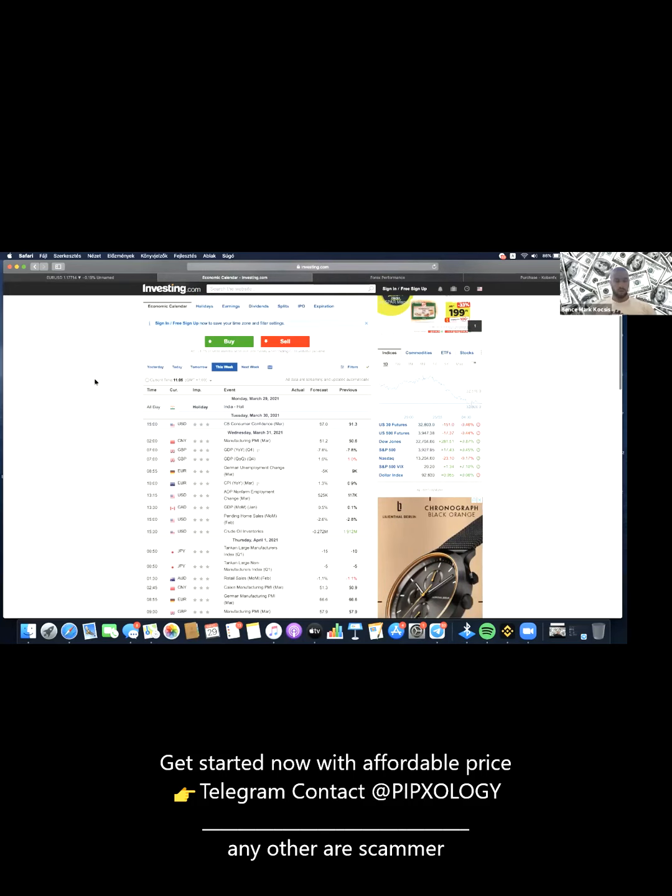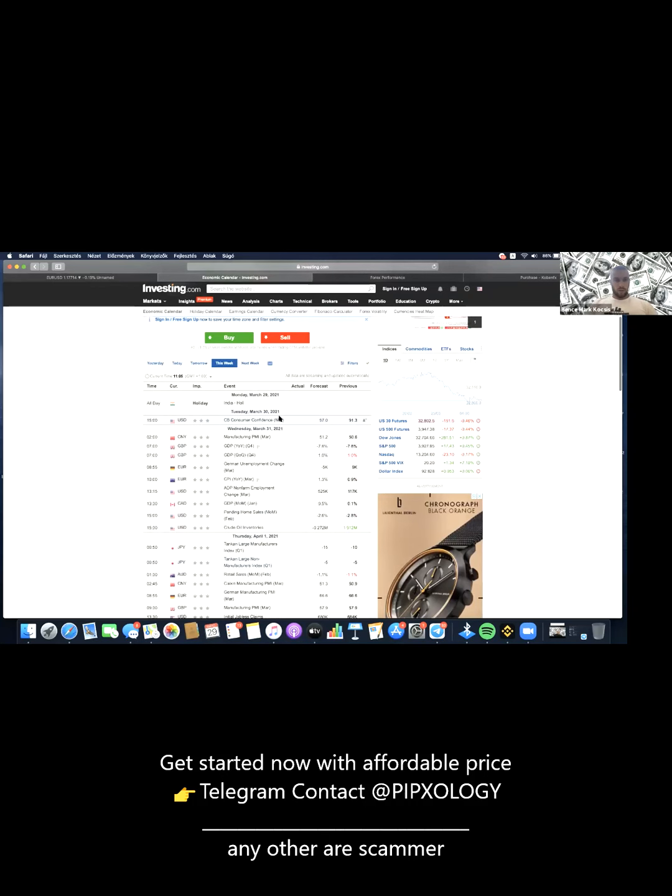Let's have a very quick look at the economic calendar. Today is Monday, and you can see basically no high impact news. Tuesday we have only one high impact news from the USA.